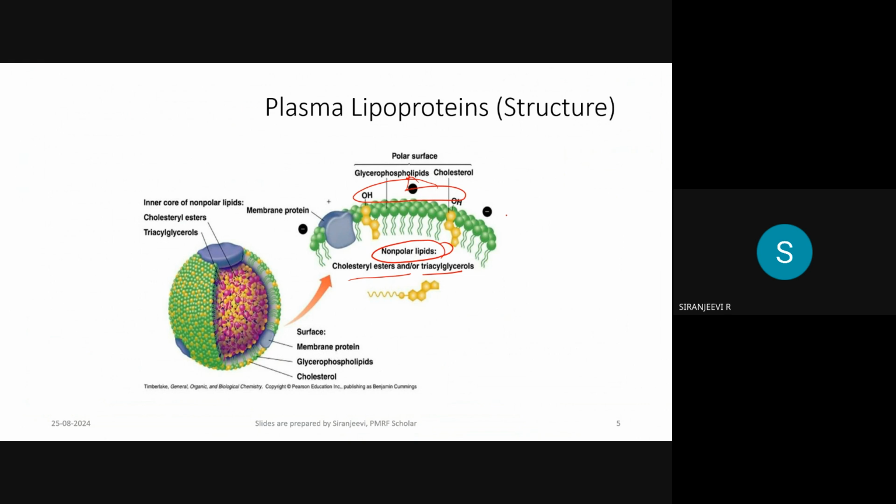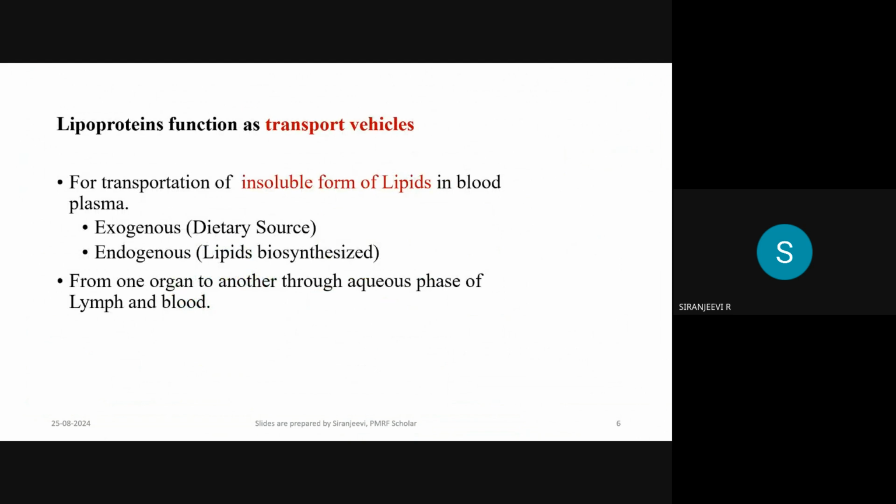As the name suggests, it should be hydrophilic, only then can it help in the transport of lipid molecules. Overall, lipoprotein functions as a transport vehicle for transporting the insoluble form of lipids into the blood plasma, either exogenous or endogenous lipid particles.